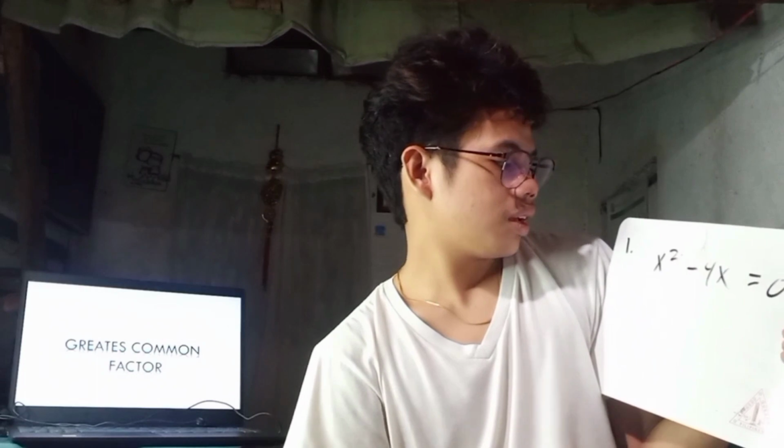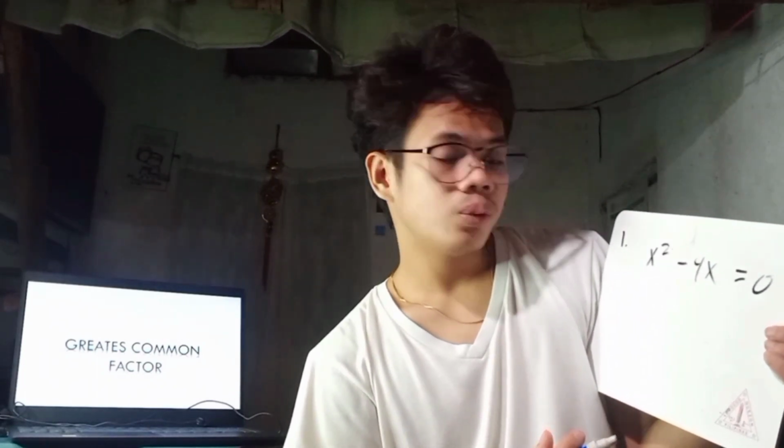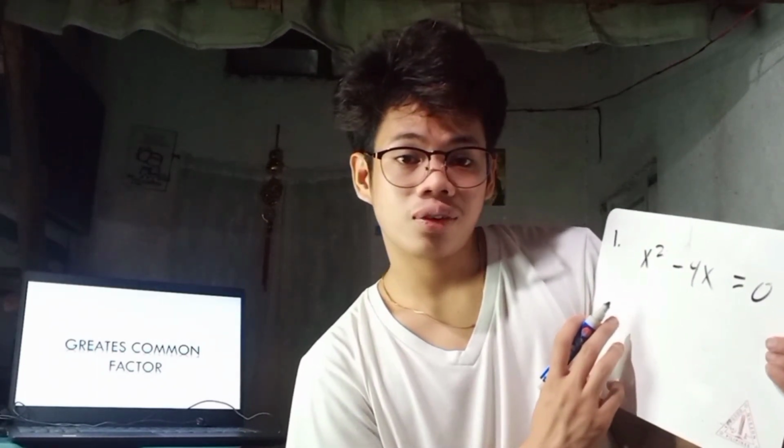The greatest common factor. In this example, I will show you how to use the GCF, or what we call the greatest common factor. Let's say we have x squared minus 4x. Using the greatest common factor, we will be able to find the roots of this quadratic equation. Alright? By doing that, what is the greatest common factor of the first term and second term?